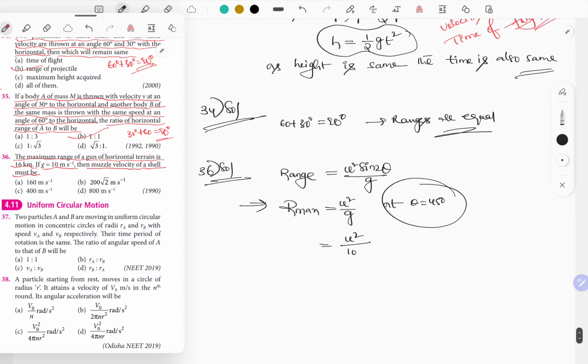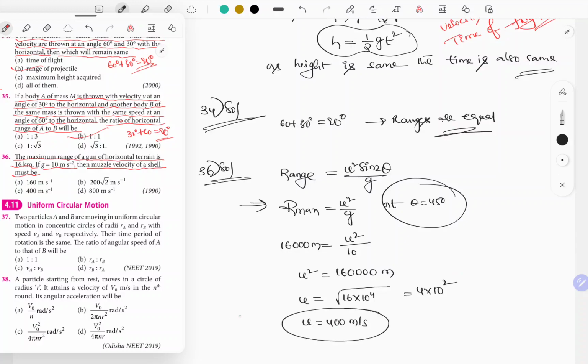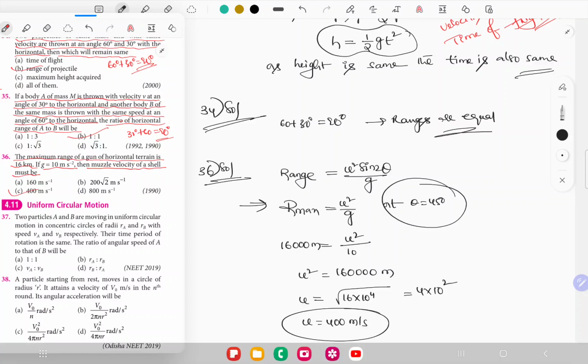How much value of R maximum they have given? 16 kilometer. 16 kilometer can be converted to 16,000 meter. Then u square is equal to 16,000 times 10, so u is equal to root of 16 into 10 power 4, which you can write as 4 into 10 square. So u is equal to 400 meter per second. This is the answer. Option C is correct.